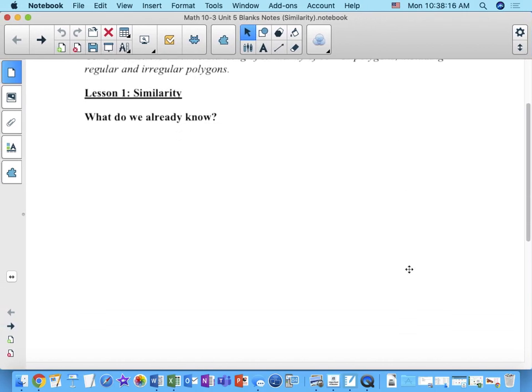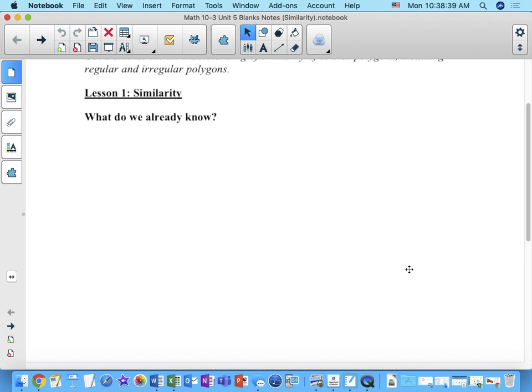So we're going to start talking about similarity today. And this is a unit that you would have covered in grade 9 math. Now I know grade 9 was a little bit of an odd year for many of you, because for many of you it was the last year. And of course, schools shut down for about 40% of the year.